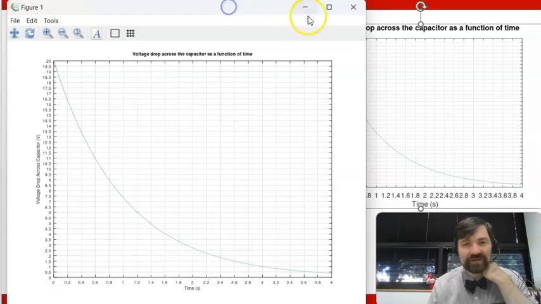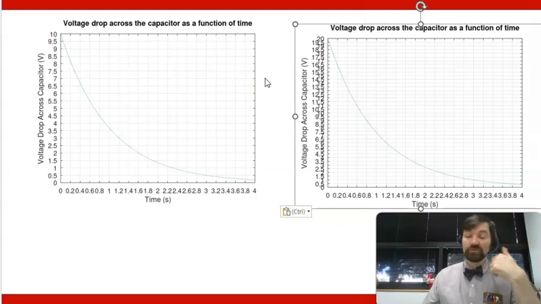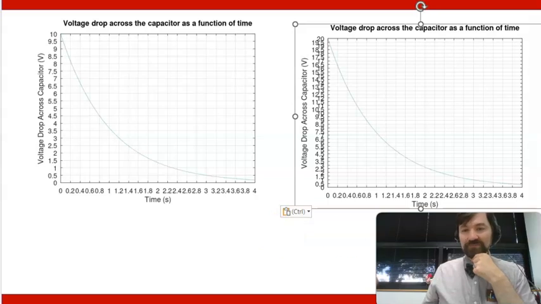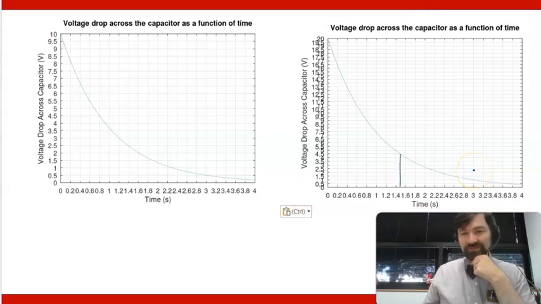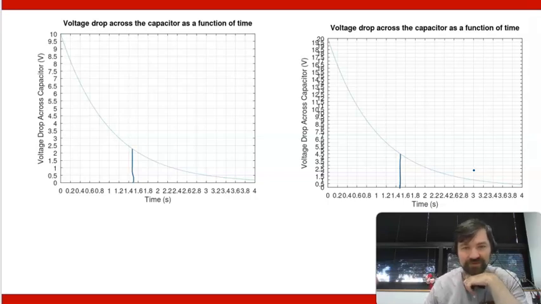So somehow the discharge rate, as defined by the time it takes to get from a given value to a fraction of that value, remains the same. If you were to measure how tall this line is versus coming over here and measuring how tall the same line is here, with the two graphs the same height, you'd find that they're about the same height.